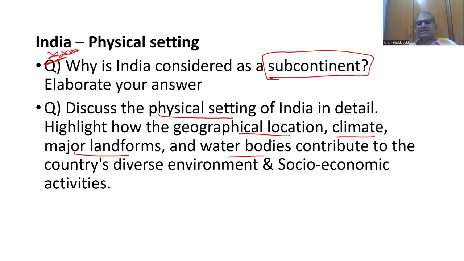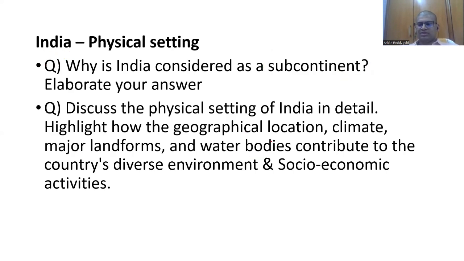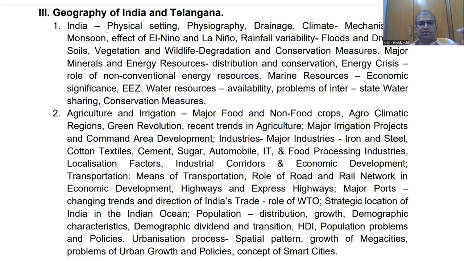Then one para on the water bodies and the climatic conditions, and then analyze how these climatic or geographical conditions of a particular region impacted the socio-economic condition of that region. We'll discuss these questions in the test series, right? So this is the first topic, physical setting, and the subtopics that you need to cover.